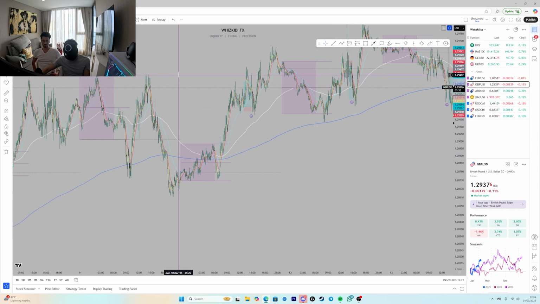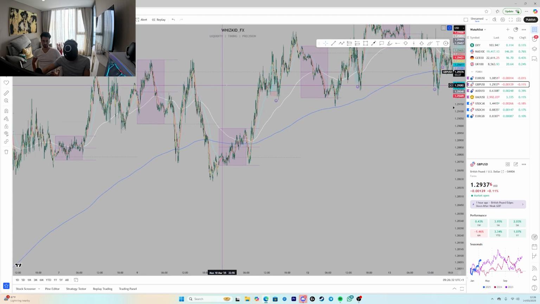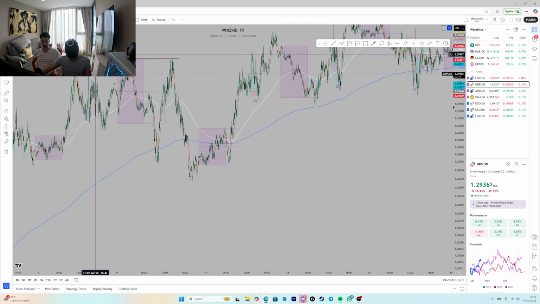Just to give you a bit of knowledge about this trade, the first thing you can see immediately is these equal highs over here. This indicates a zone of support and resistance.